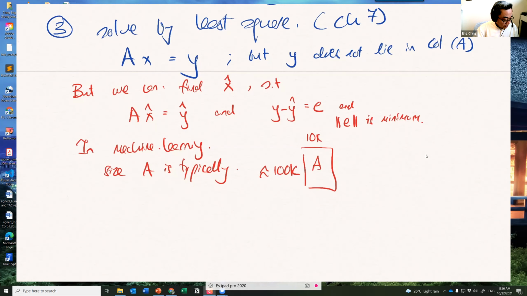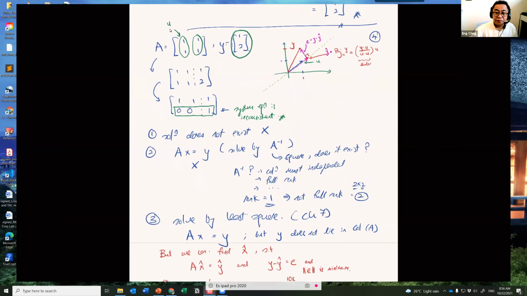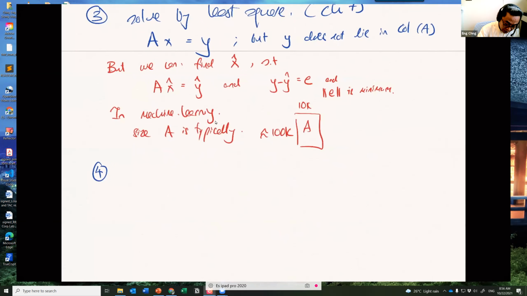Let's try it concretely, guys. We cannot solve this problem directly, so how do we find the least squares solution? I will tell you the equations first. The least squares solution is to first generate the normal equations.